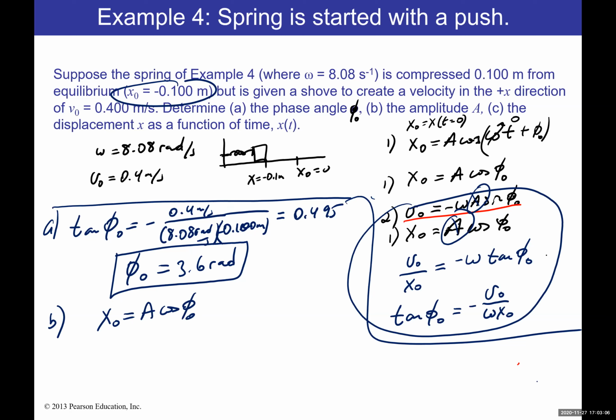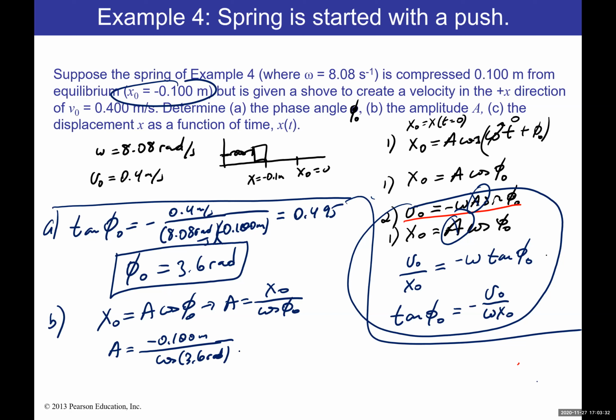But now I can use either the velocity equation or the position equation, and it's easier to use the position equation. That means amplitude equals x naught over cosine of phi naught, which is negative 0.1 meters over cosine of 3.6 radians.